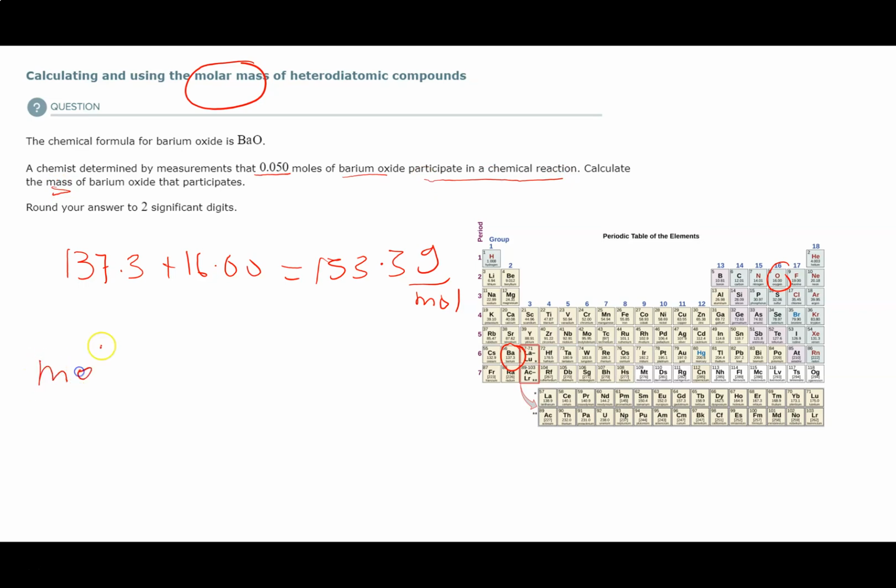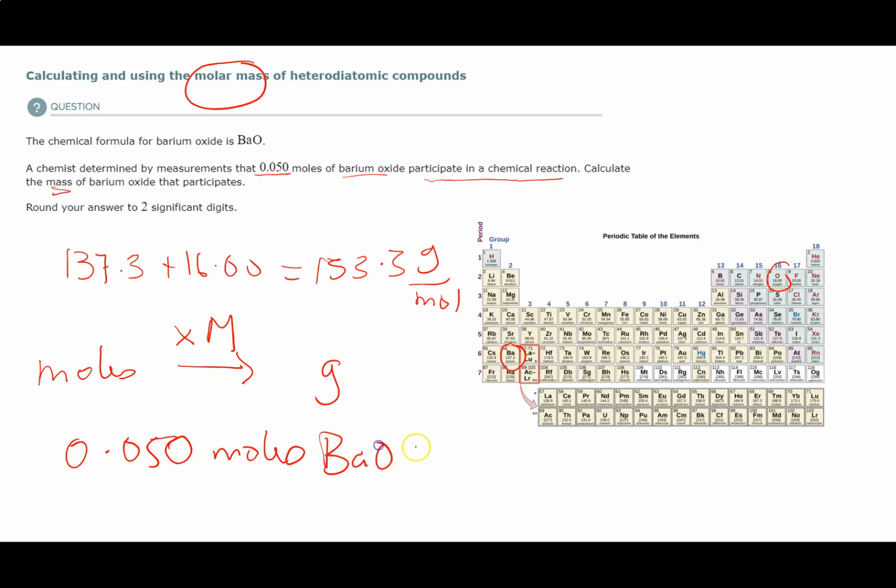So we're just going to go from moles to grams. And so we know that when we do that, we multiply by the molar mass. So here we go. 0.050 moles of barium oxide multiplied by 137.3 grams of barium oxide for every 1 mole of barium oxide.